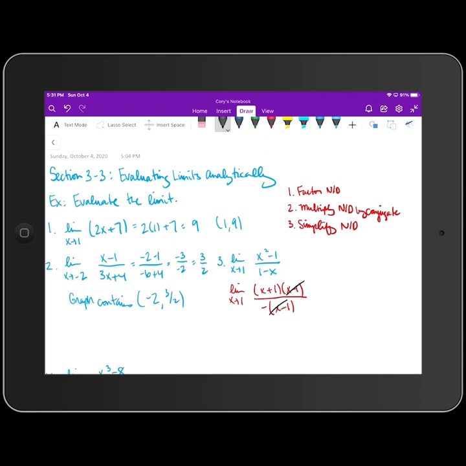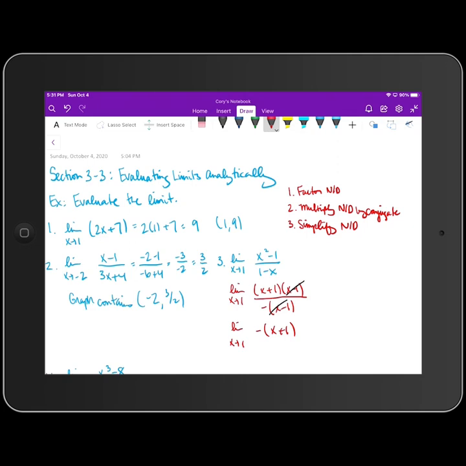So once I get rid of that factor, I should now be able to use direct substitution to evaluate that limit. This is going to become the limit as x approaches 1. I'm going to take that factor of -1 in the denominator and apply it to the numerator.